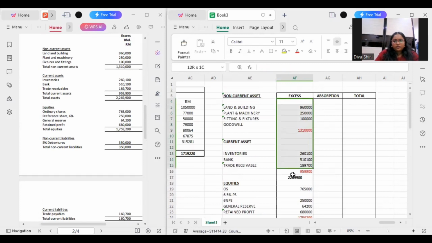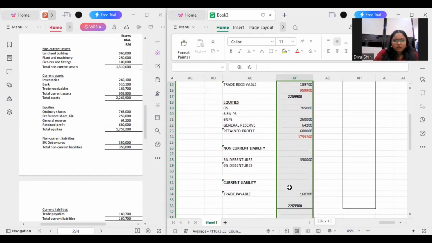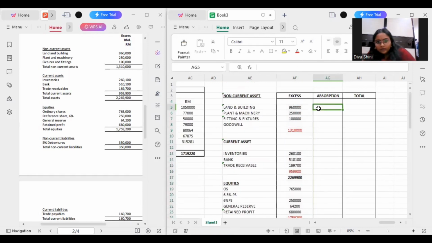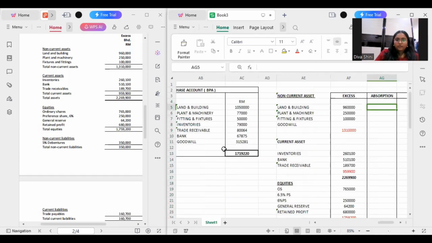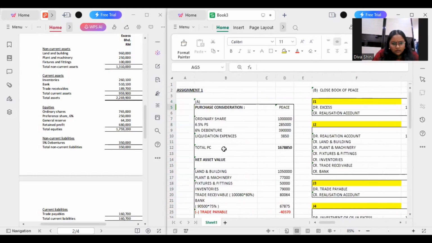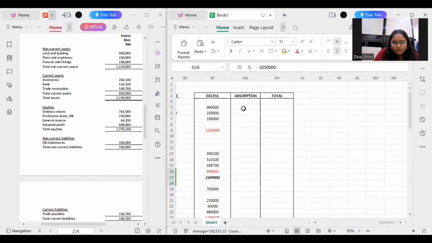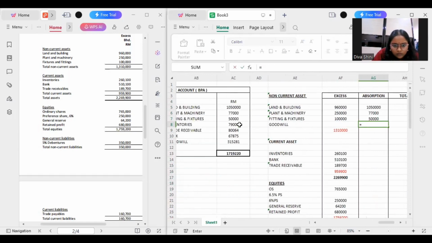And then for the absorption, we need to take the amounts from goodwill, land and building, plant, machinery, fittings and fixtures. Okay, goodwill, land and building. We need to paste it here, and then add the goodwill here. And then we need to plus this above.